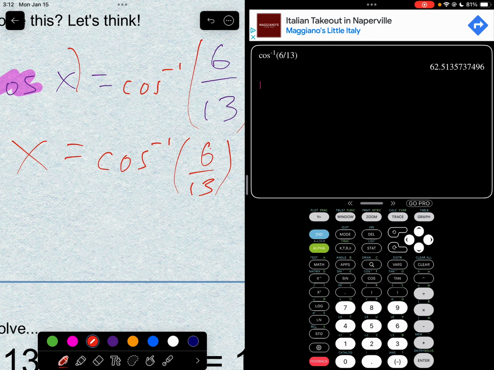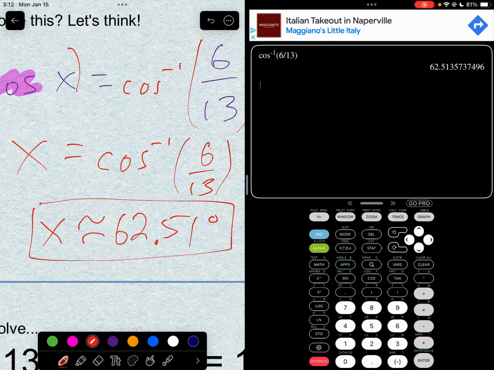And we get our answer of 62.51. And angles are always measured in degrees in this unit, so 62.51 degrees. To summarize this, anytime you are looking for an angle using trigonometry, you are going to use one of the inverses: sine inverse, tangent inverse, or cosine inverse.